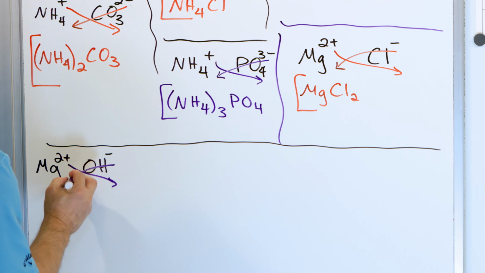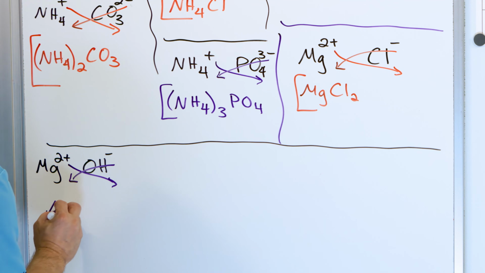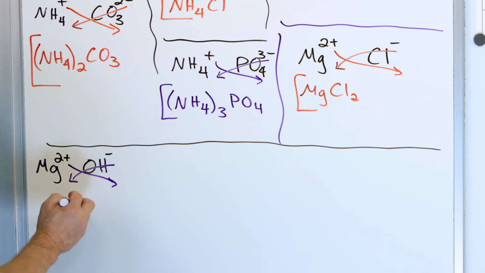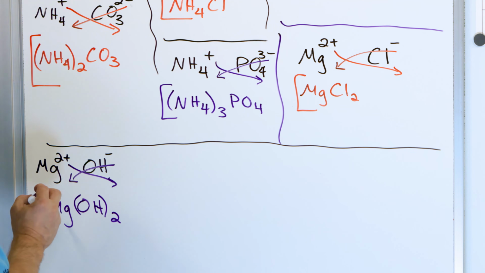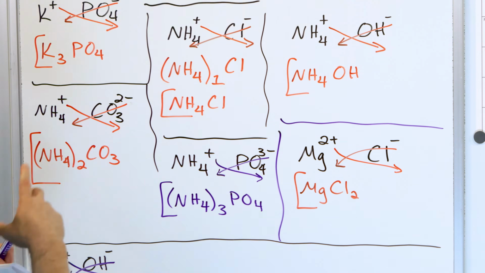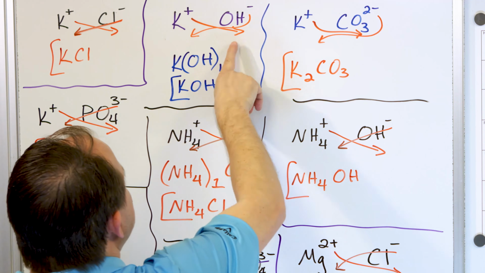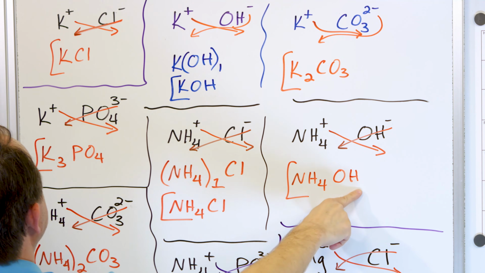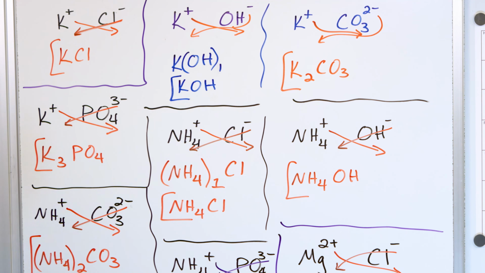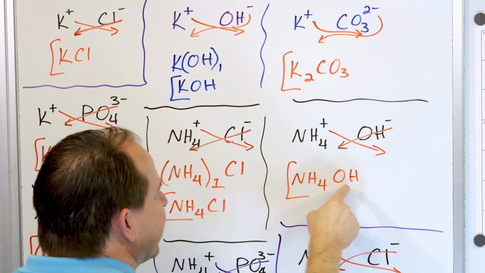So this goes here, this goes here. So the magnesium has a subscript of 1, and the OH now has a subscript of 2. So I have to wrap it in parentheses because the 2 goes down here. So we have Mg(OH)2. You see in the previous examples when we used hydroxide, we didn't have any parentheses around the answer because the subscript was a 1, right?